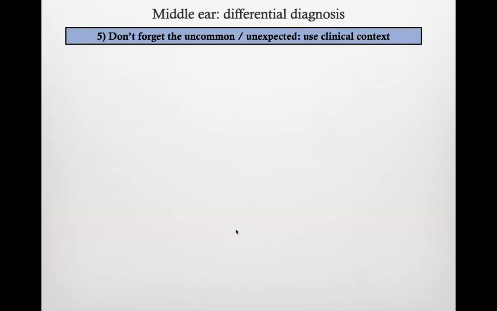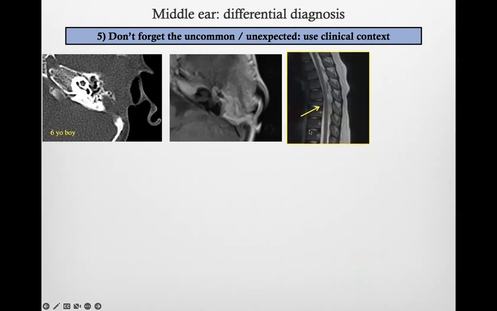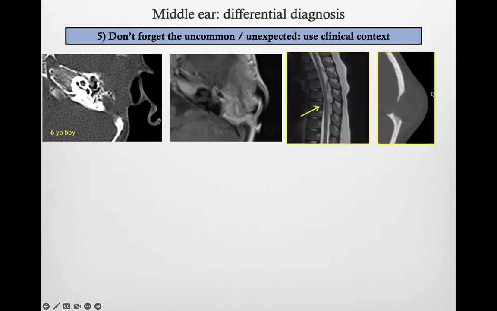Middle ear differential diagnosis, don't forget the uncommon, unexpected. Use your clinical context. Temporal bone is a very good location for LCH. This is an erosive process, but this is actually a tumor. And you look at the spine, there is vertebra plana. You look at the skull, typical punched-out erosive lesion.